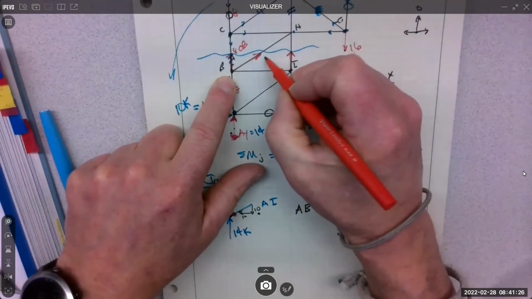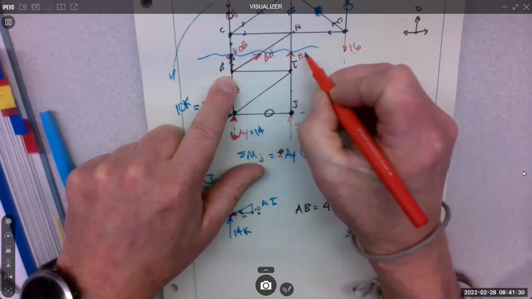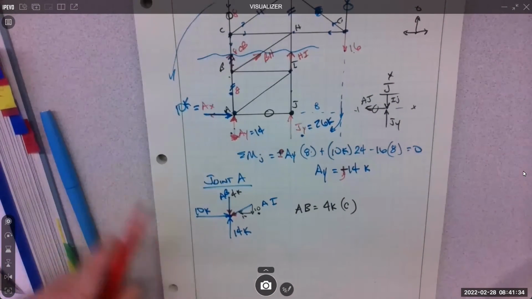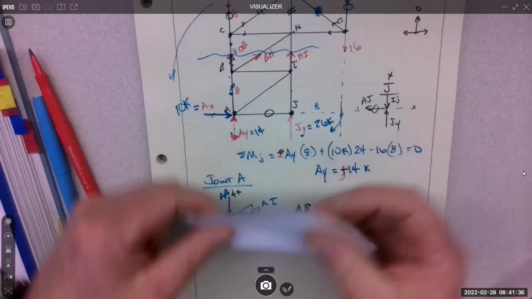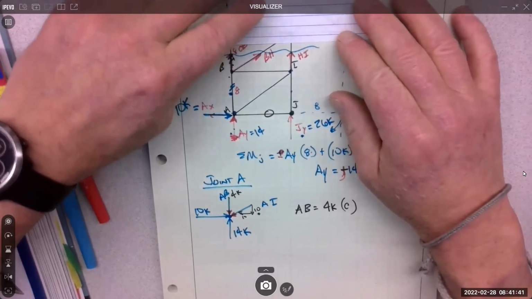CB, BH, HI. And we're just looking at my fancy ripped piece of paper, just the bottom. You said the bottom, right? Yeah.